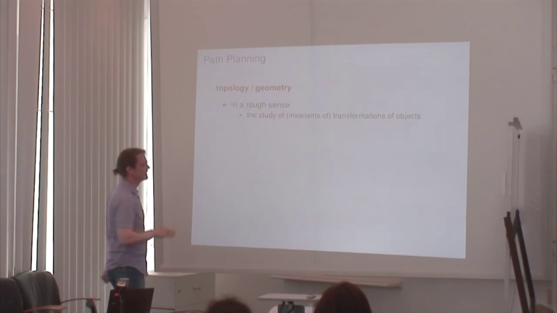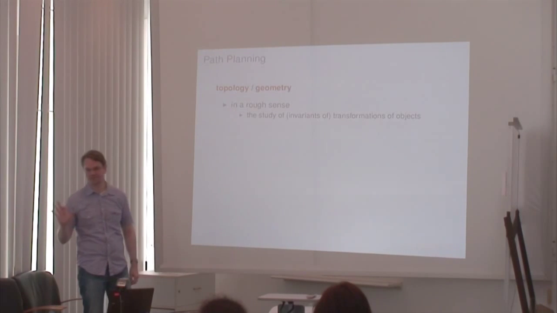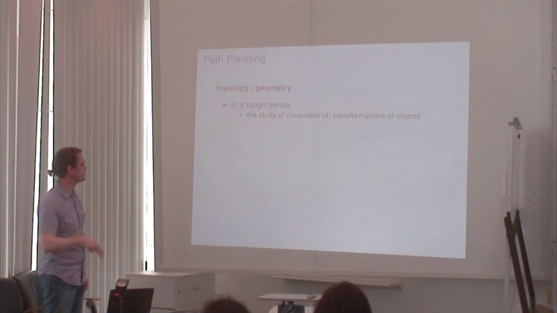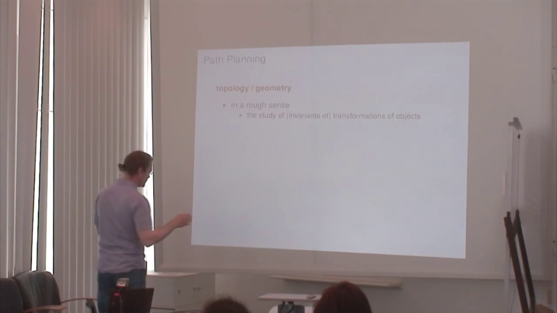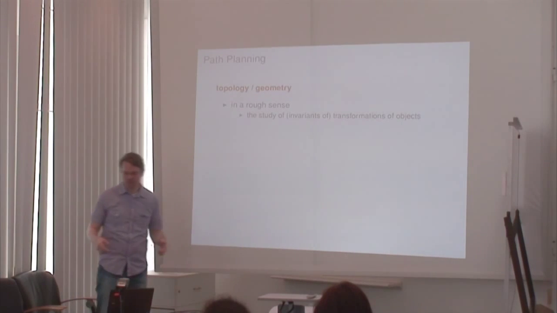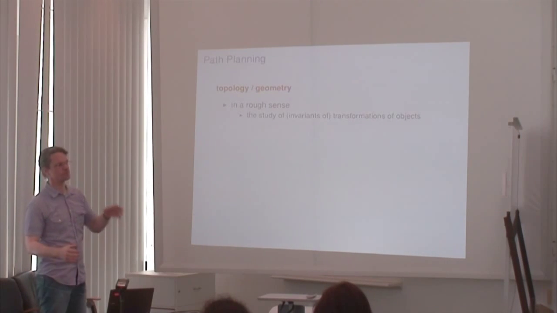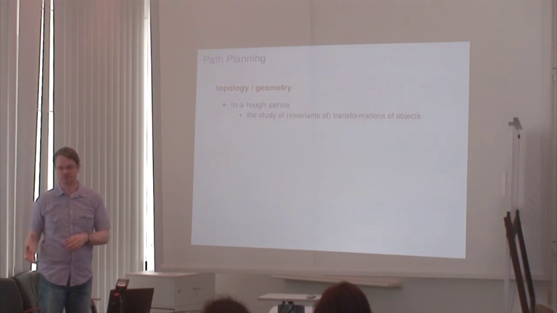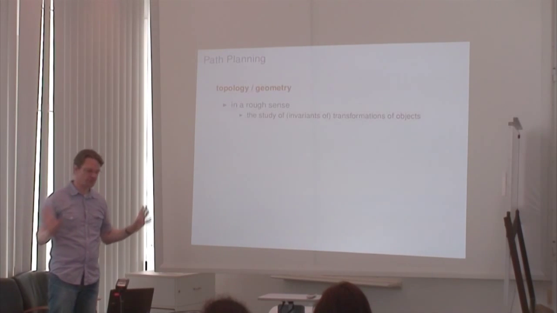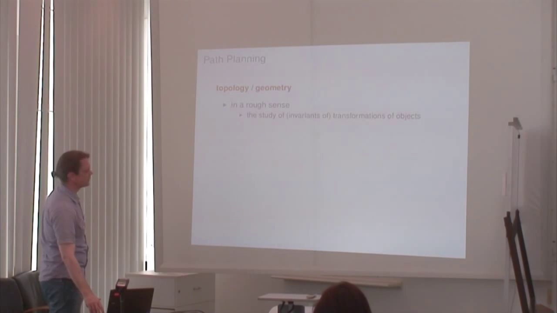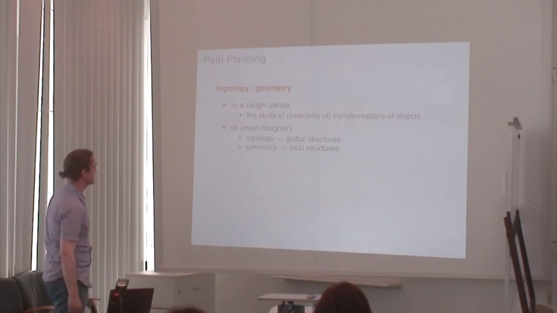Very careful now. In a very rough sense, the idea of topology and geometry refers to the study of certain invariants of certain transformations of objects. In a very rough sense, and actually I will not make it more precise than that. On the contrary, I will make it less precise.